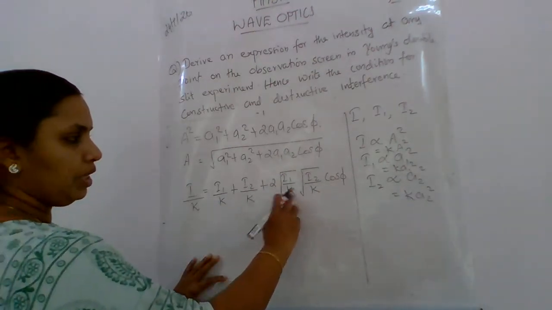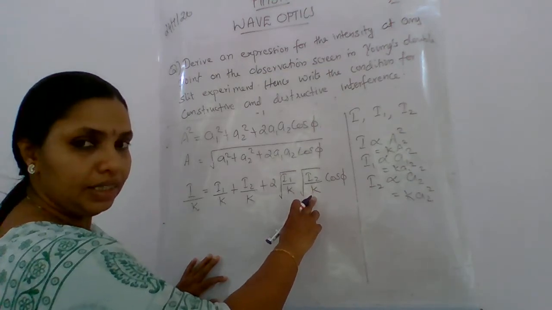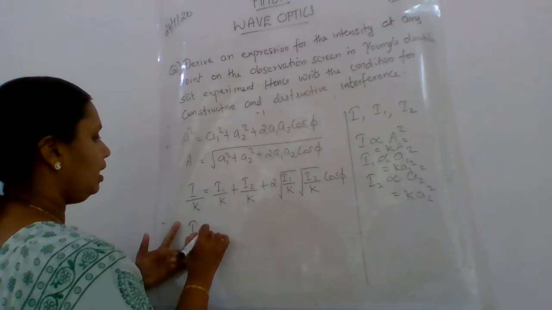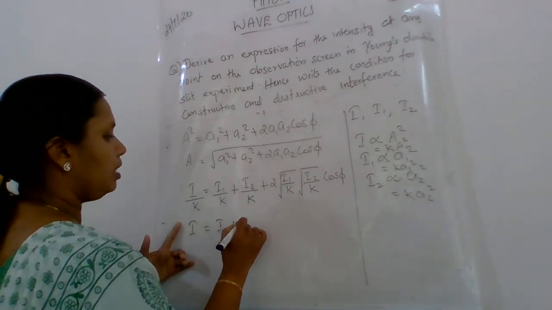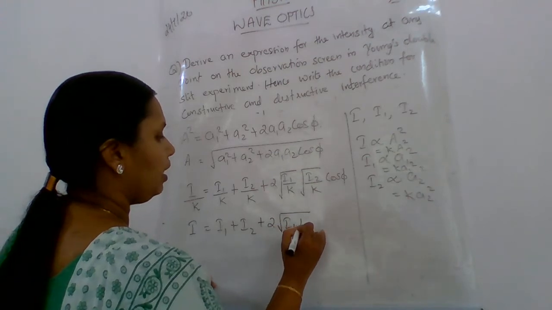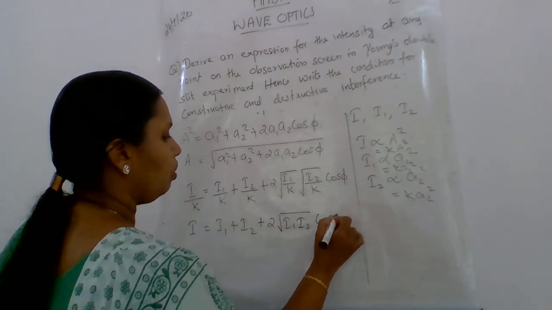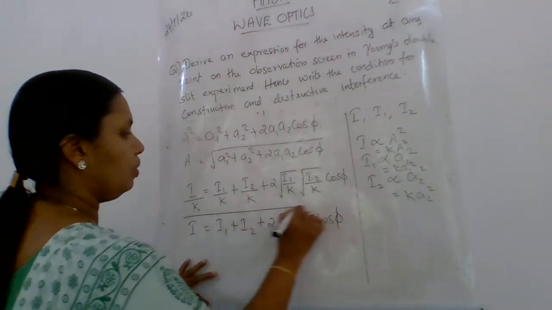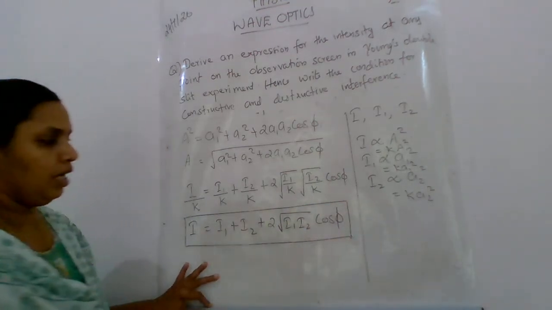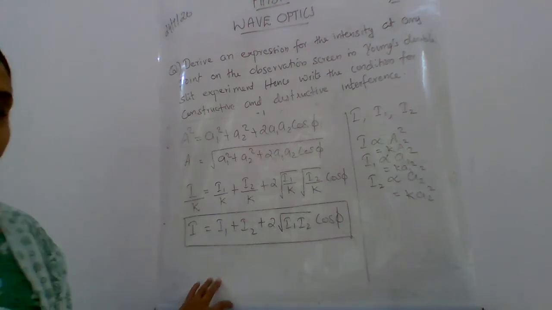Here root K into root K is K, so all the K get cancelled. So I is equal to I1 plus I2 plus 2 root I1 I2 cos phi. This is the intensity of the resultant wave.